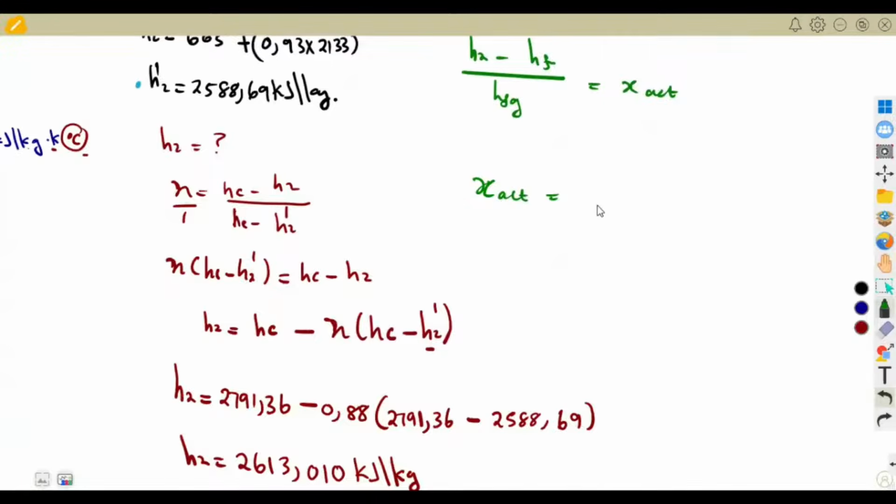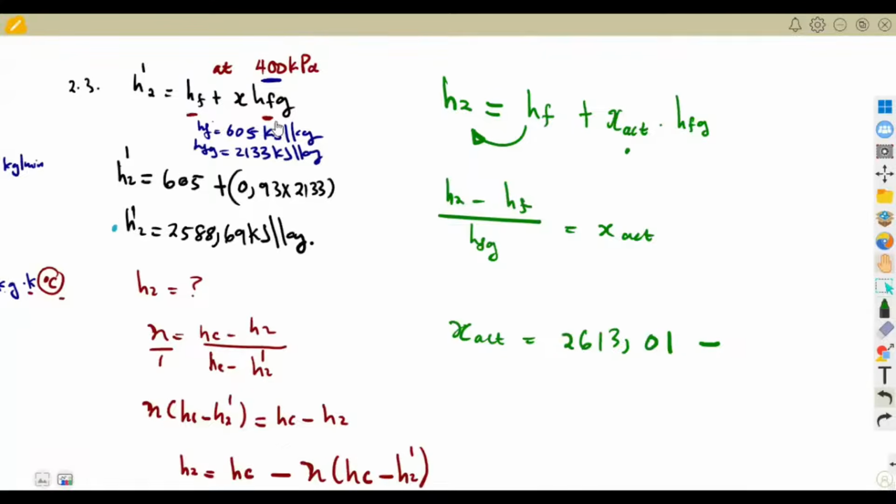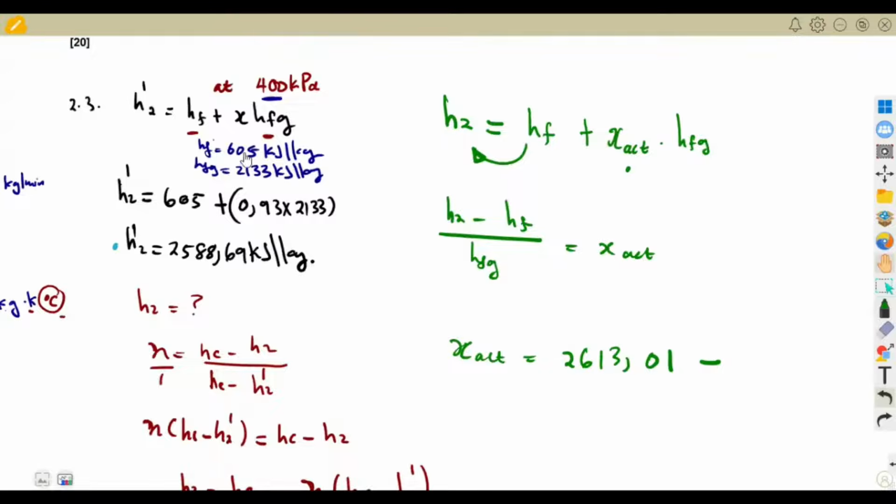So this is H2, 2613,01, minus HF. Remember, when we took at 400, at that pressure, our HF was 605. That one is not going to change. And also HFG at that pressure of 400 was 2133.